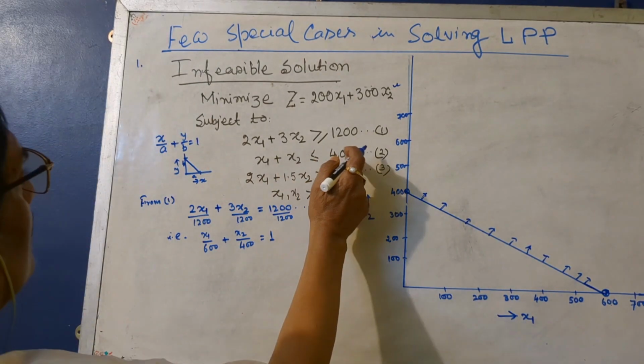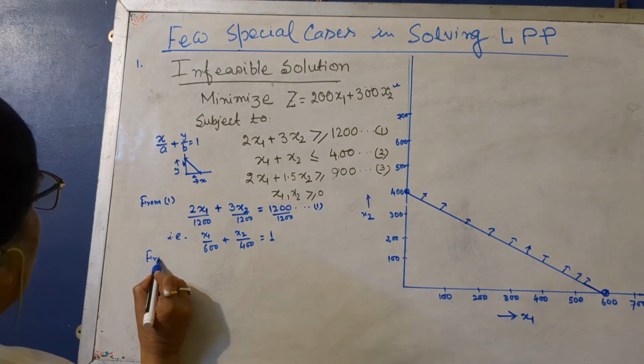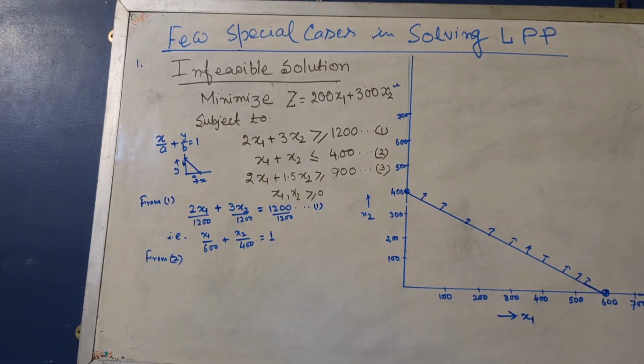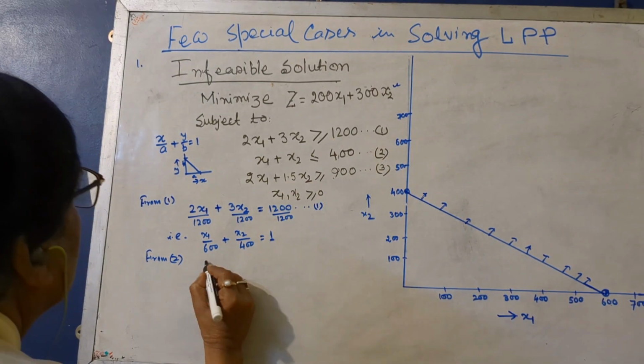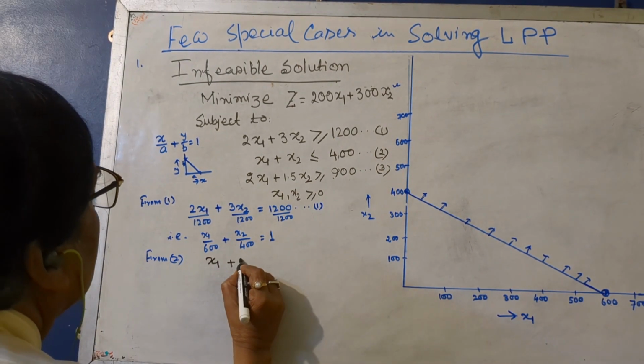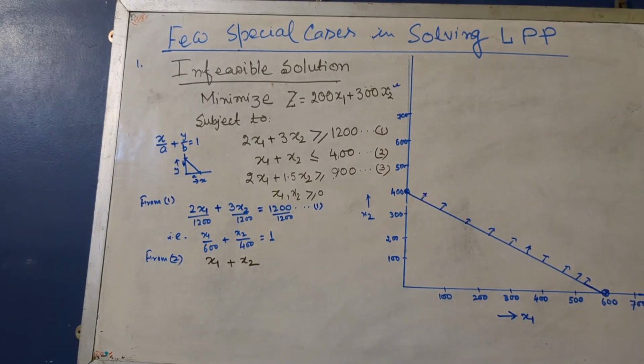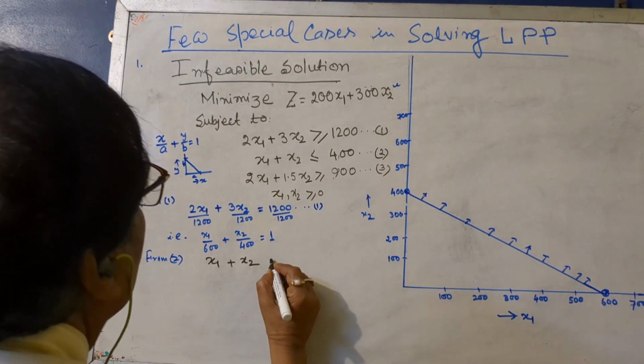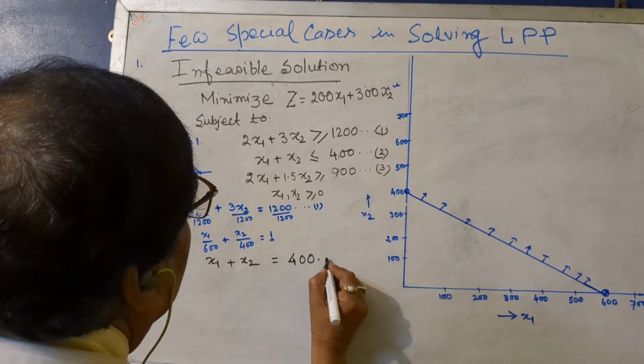Now from constraint 2, it is better you take different color. The second constraint is x1 plus x2 is equal to 400. This is 2.